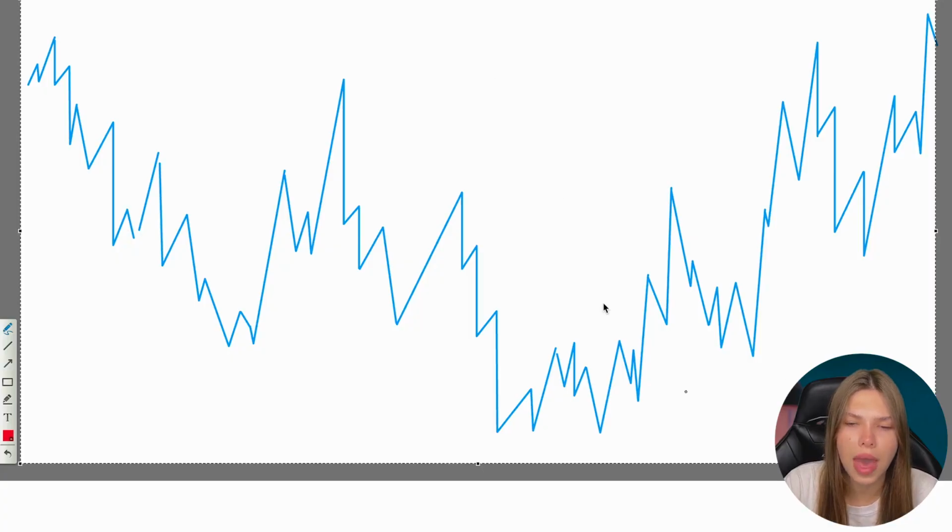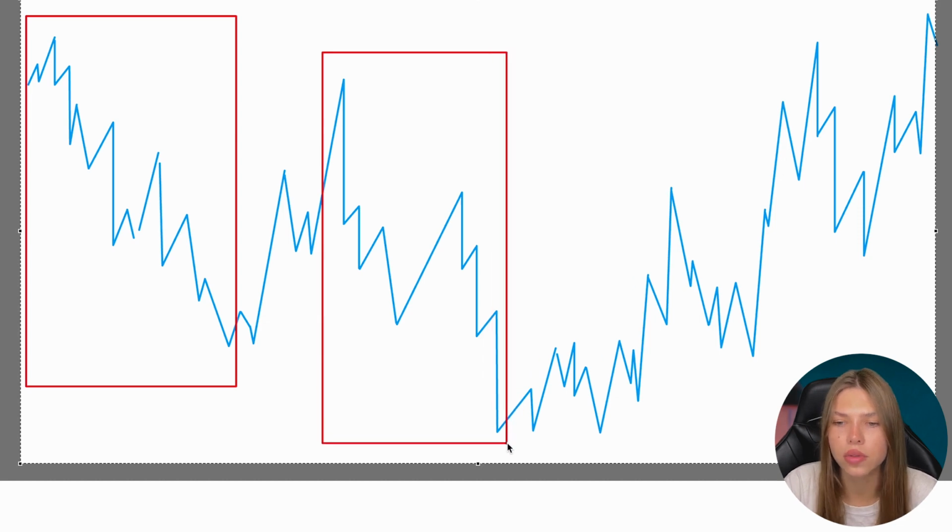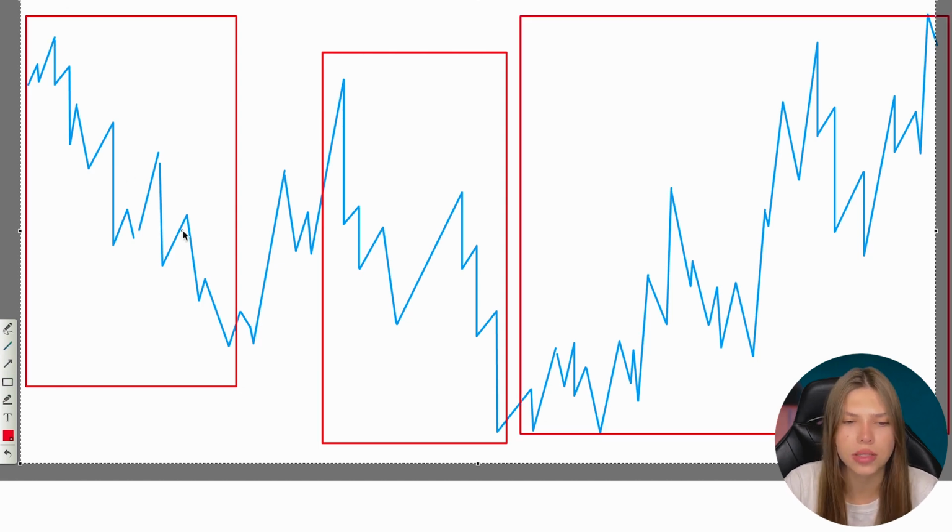Look again, we have already gone through these, but I will explain to you once again how we understand the direction of the trend movement. Let's say we analyze this chart by segments. I specifically highlight those moments that will be very interesting and more pleasant for us to analyze. So we see how the price goes down.